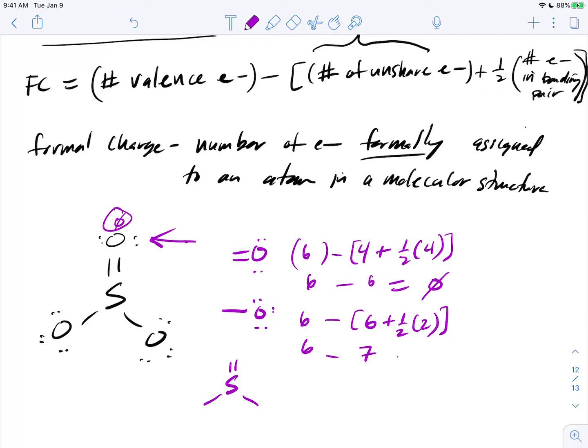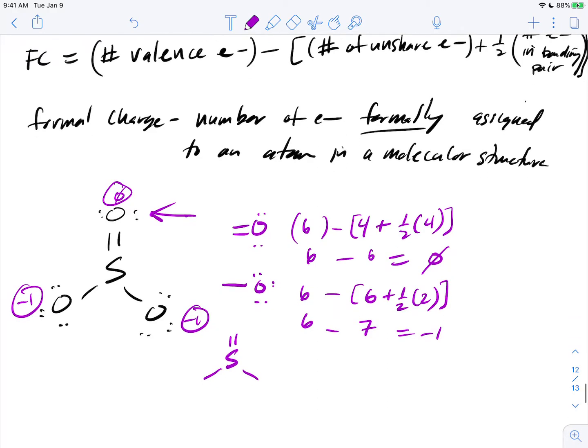And so we get a -1 charge here. So these 2 oxygens are -1. Now it turns out whenever oxygen has a double bond, it has a formal charge of 0. Whenever oxygen has a single bond, it's got a formal charge of -1. So you start memorizing some of these just by doing this often or making this calculation.